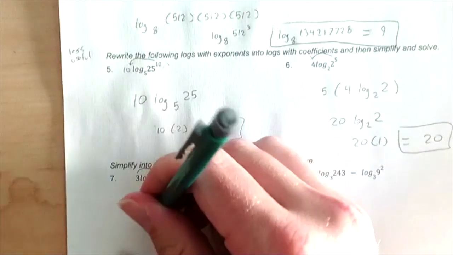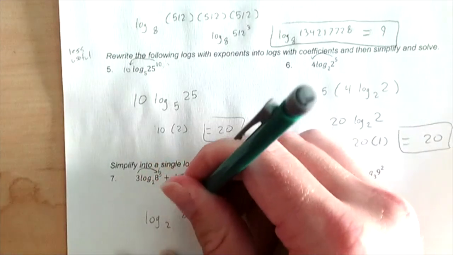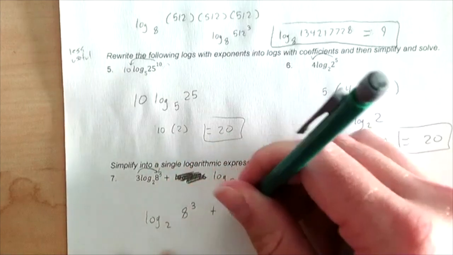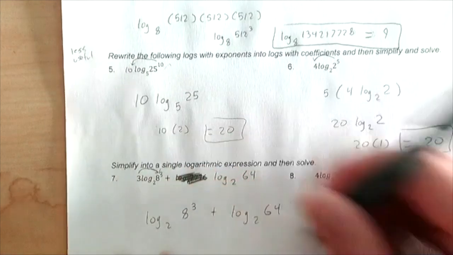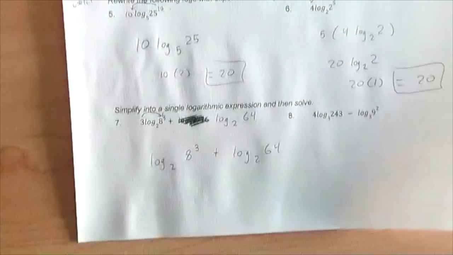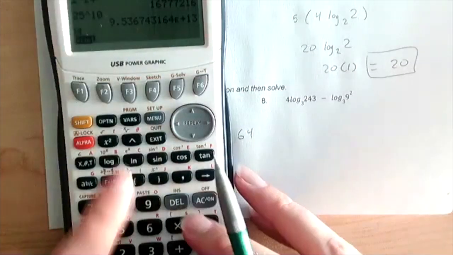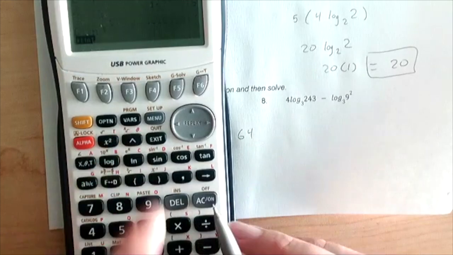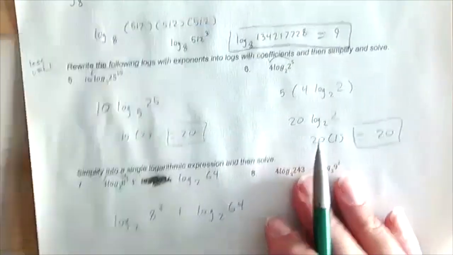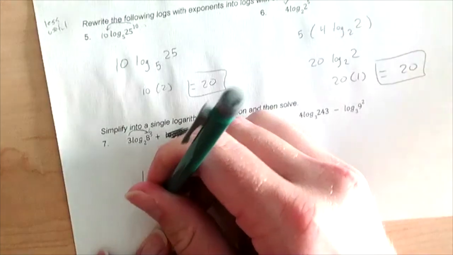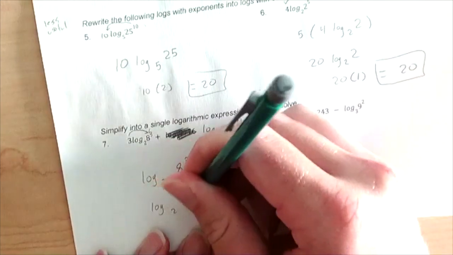Once we do that, we have log base 2 of 8 cubed. And that's still not something that we can just start solving or simplifying. But if we do 8 cubed, then it's going to look just like yesterday's worksheet. So again, fundamentally, turn anything you don't know into something you do know.